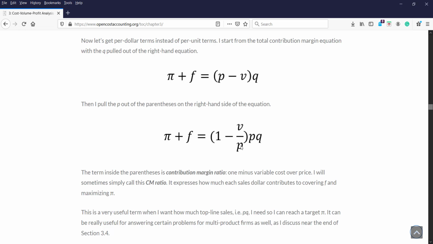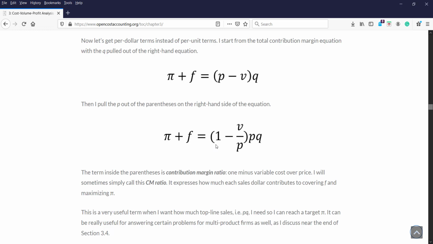So this contribution margin ratio allows us to move directly from total sales to total contribution margin, which can be useful in a lot of problems. In fact, when we do multi-product CVP, it's a huge shortcut, really a big time saver, assuming we have a constant sales mix. So we have total revenue here times this contribution margin ratio equaling total CM.